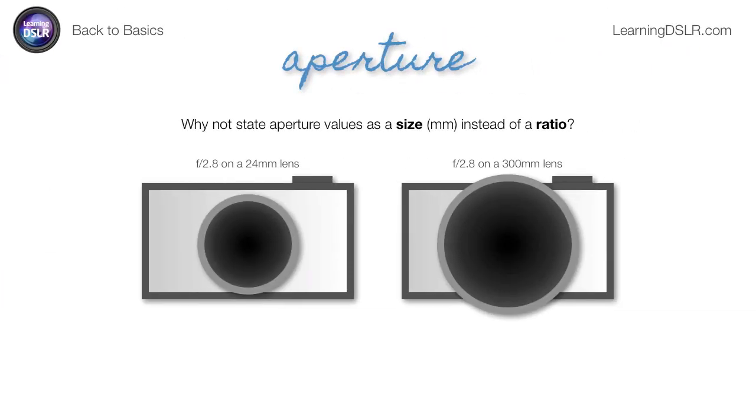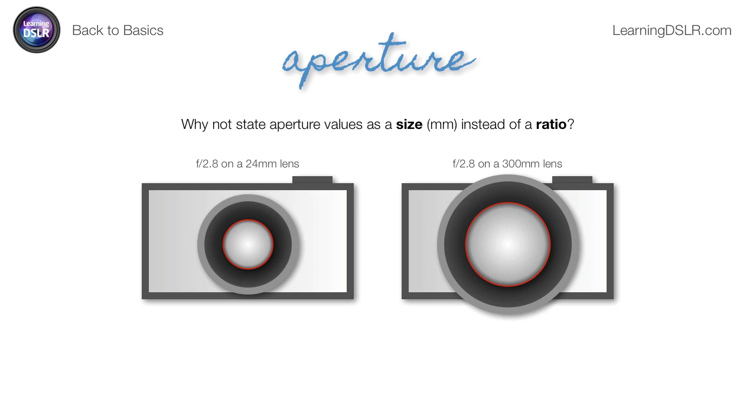So why not state aperture values as a size, for example, in millimeters instead of a ratio? The answer is that to get the same amount of light intensity into the camera, you have to factor in the focal length. As you can see in the diagram here, if you had a very large zoom lens, you actually need a physically bigger opening to let in as much light as a 24 millimeter lens with a smaller opening.